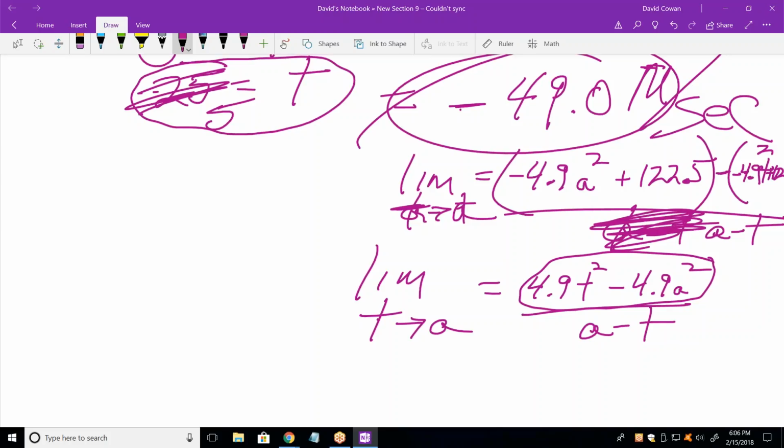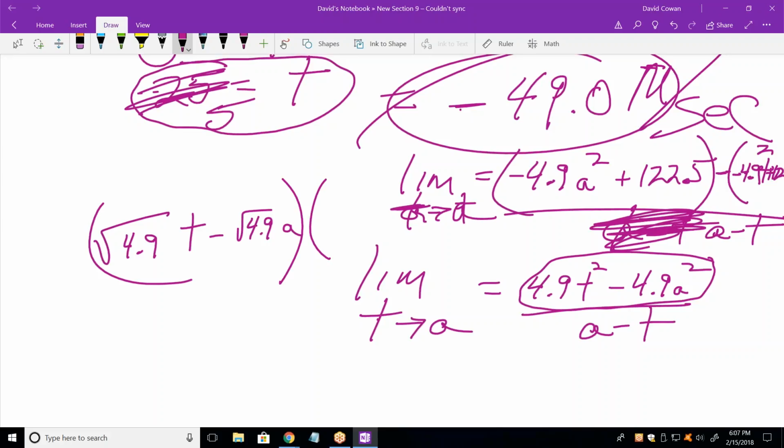But it's not the square root of 4.9, is it? That's not an even number. So what this would be, the numerator would be the square root of 4.9t minus the square root of 4.9a, times the square root of 4.9t plus the square root of 4.9a.